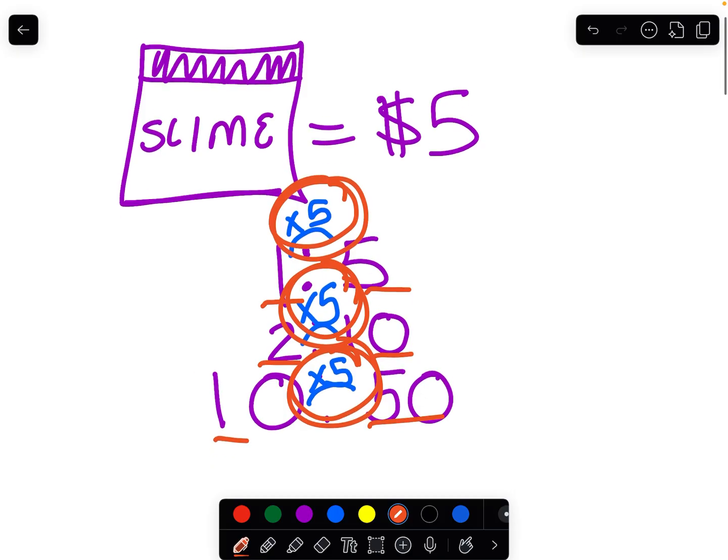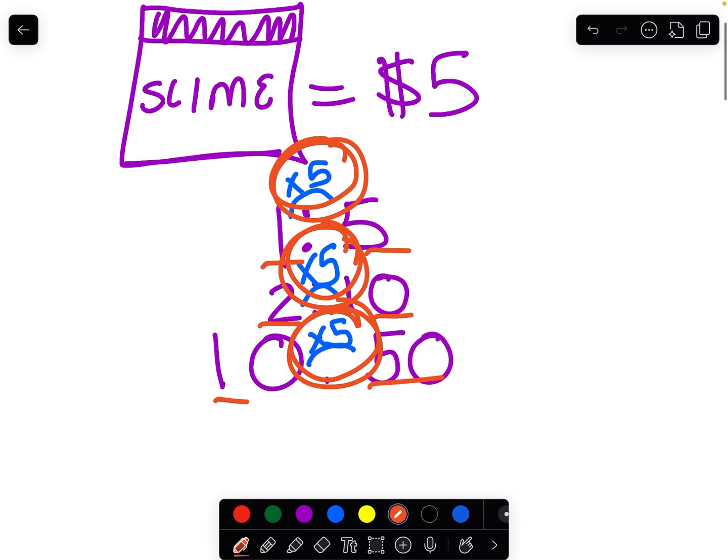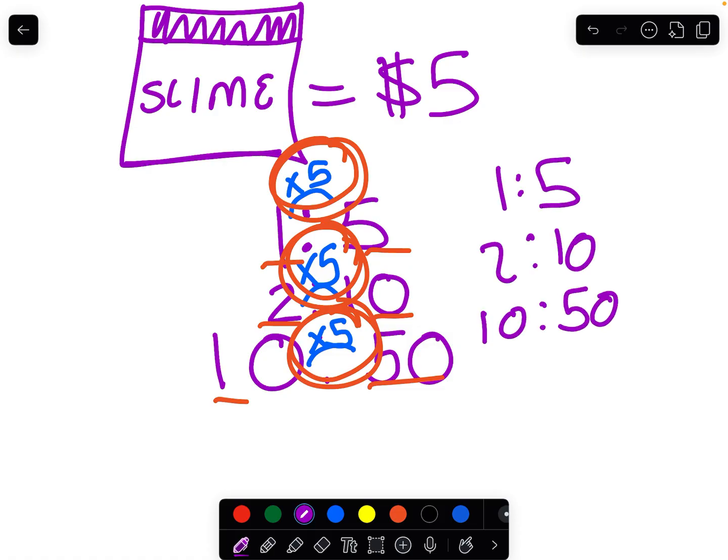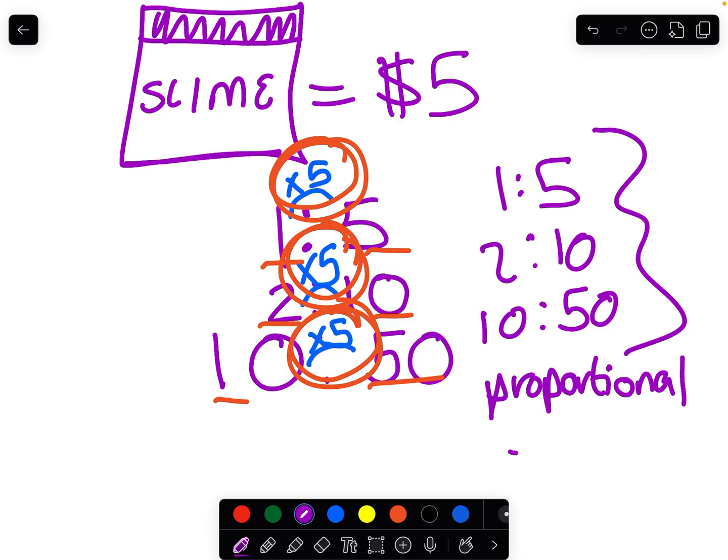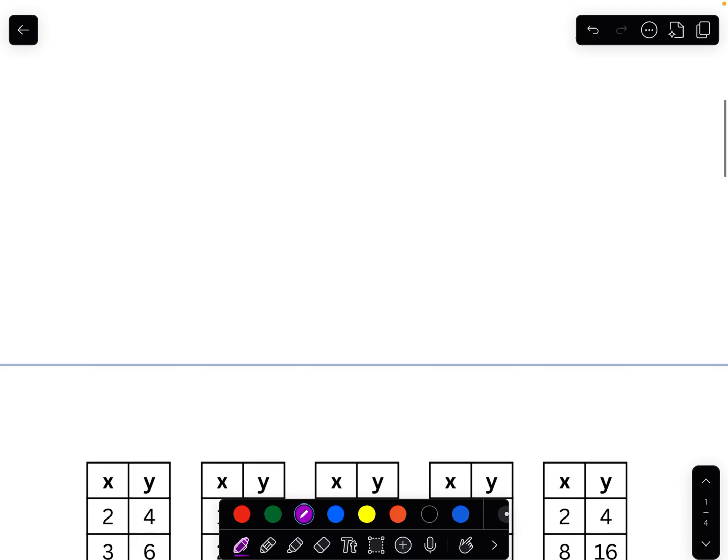But without confusing you too much, I just want to focus on the fact that 1 to 5, 2 to 10, and 10 to 50 are what we would call proportional relationships. And my handwriting is also not the best today, but hopefully you get what I'm trying to say.